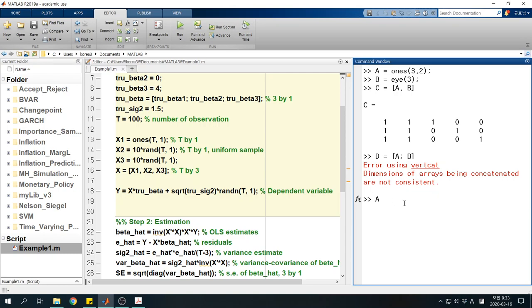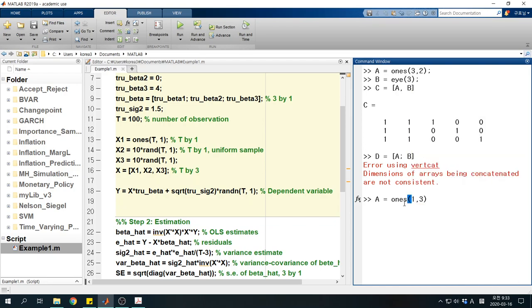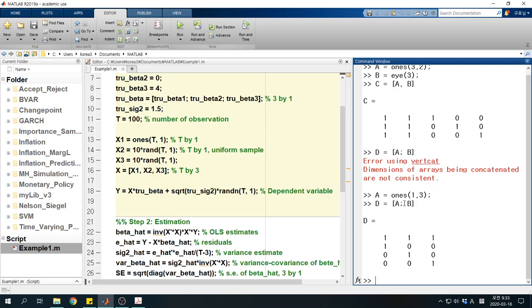But if A equals ones, say, 1, 3, then now let me try again. D equals A semicolon B bracket, press enter.